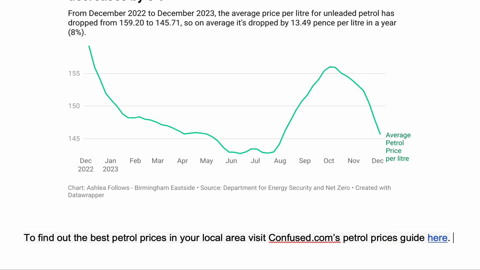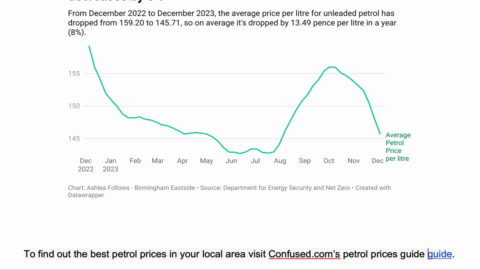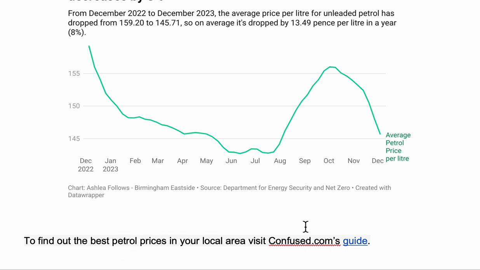So it'd be something like that, the petrol prices guide. Or guide, we're just going to have guide. We're not going to repeat petrol prices because we've already said that here. So we can just label it a little bit better rather than "click here."